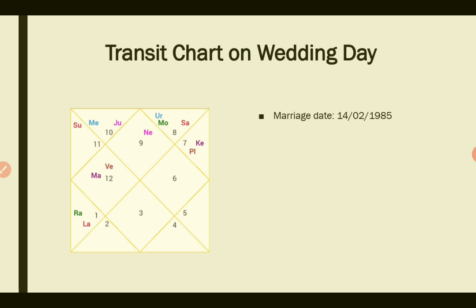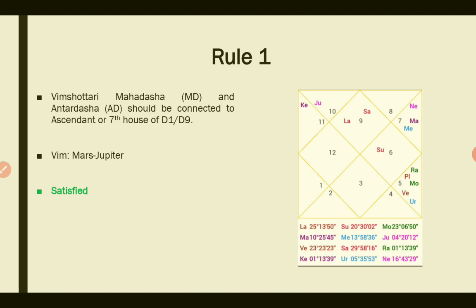Now coming to the first rule. The first rule states that the Vimshottari Mahadasha and Antardasha of the native should be connected to the ascendant or 7th house of D1 or D9. D1 means the Lagna chart and D9 means the Navamsha chart.